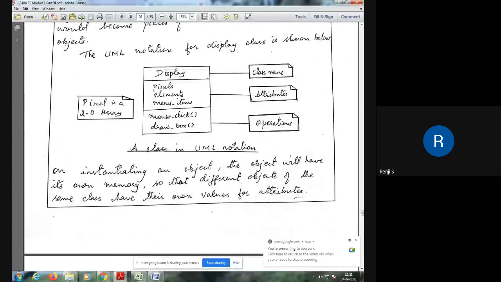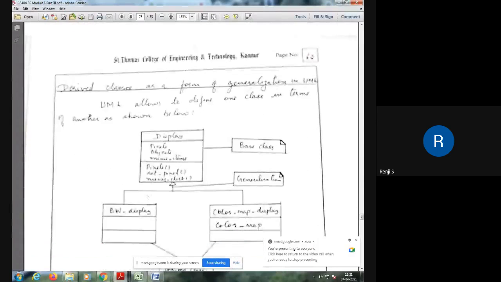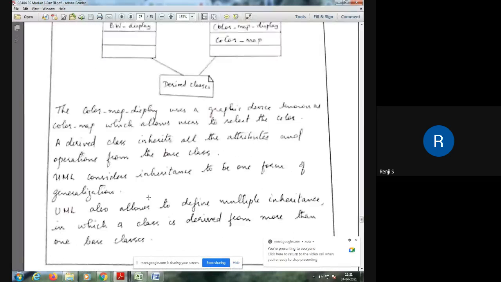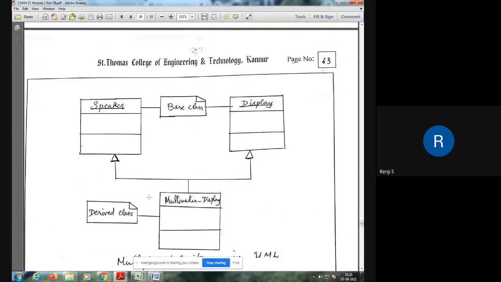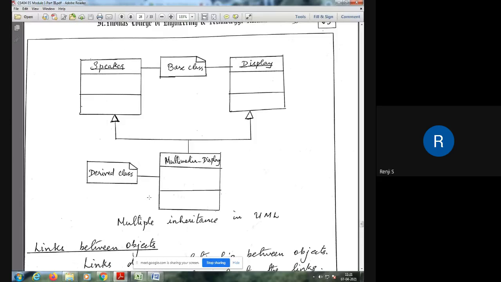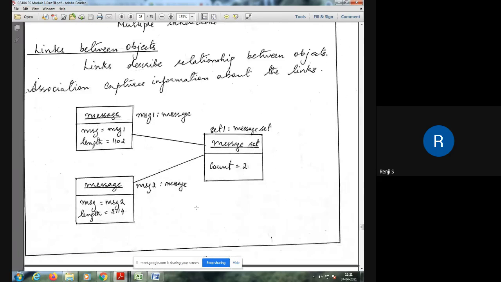As you know, class diagram also is used for generalization and specialization, two opposite terms, which is shown again here with an example. It shows multiple inheritance. Multiple inheritance means there will be multiple base classes for a single derived class. So these are the object interactions with each other. You have three objects communicating with each other by sending messages.